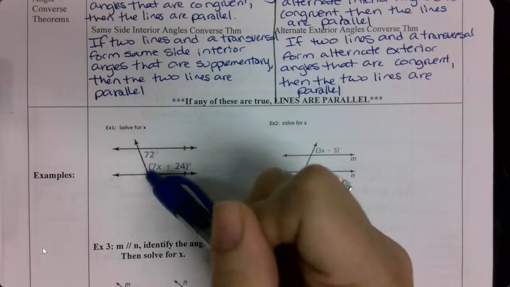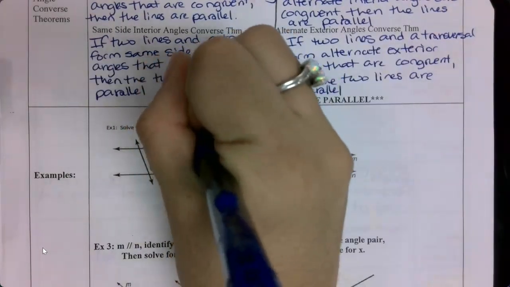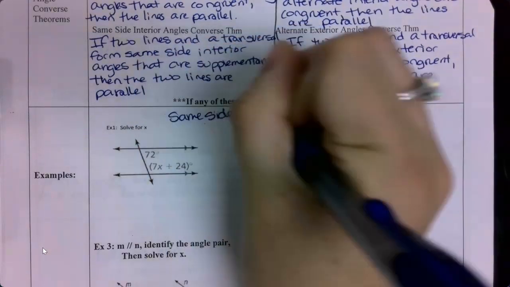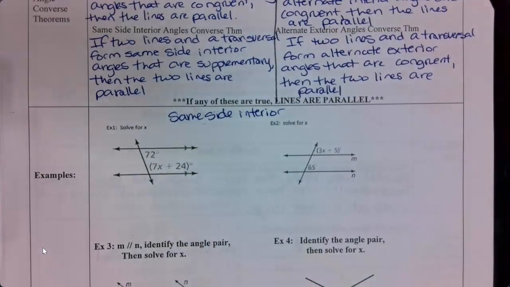And then they're on the same side of the transversal, so this is same side interior. Same side interior, are those congruent or supplementary? You can look back at the front side if you need to.